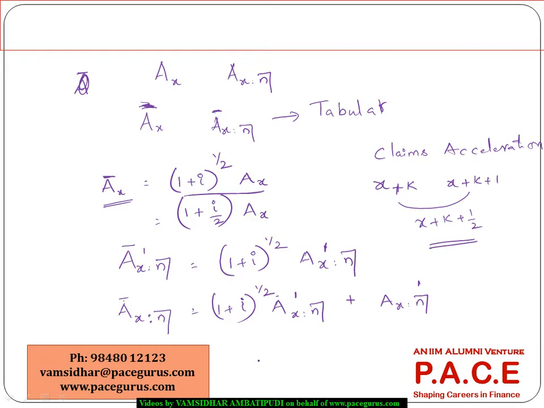And one more approximation that we talk of is by taking delta, which is log(1+i). I can talk about delta, which is log(1+i), in case I am assuming that the deaths are uniformly distributed between the integer ages.